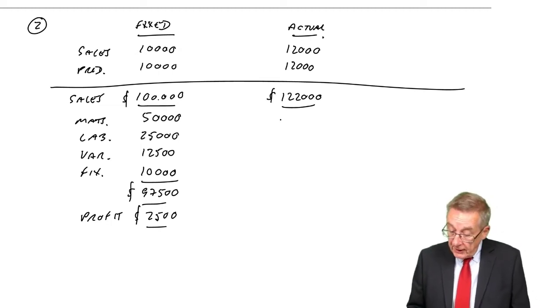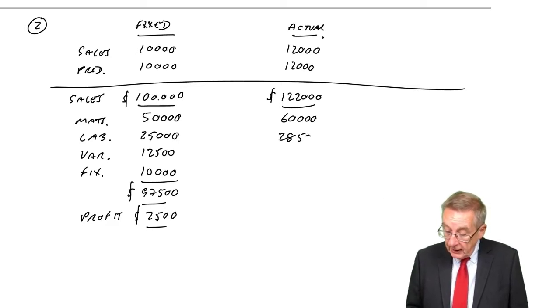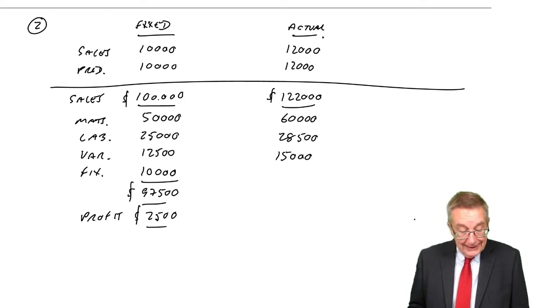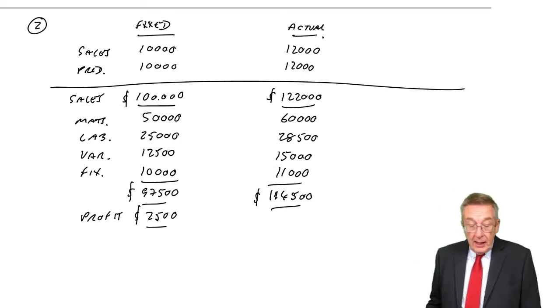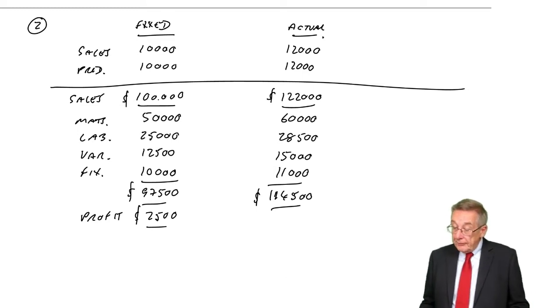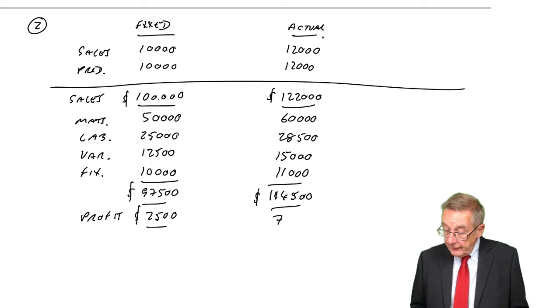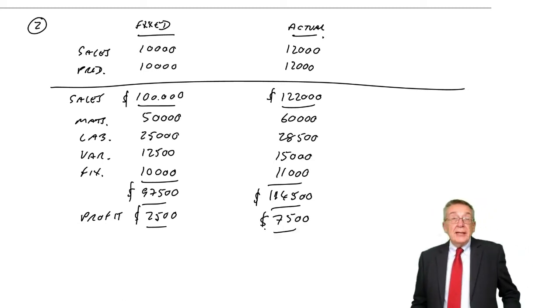The costs, materials were 60, labour 28.5, variable 15, fixed 11. So the actual cost 114,500, and therefore the actual profit, 122 less 114.5, 7,500.